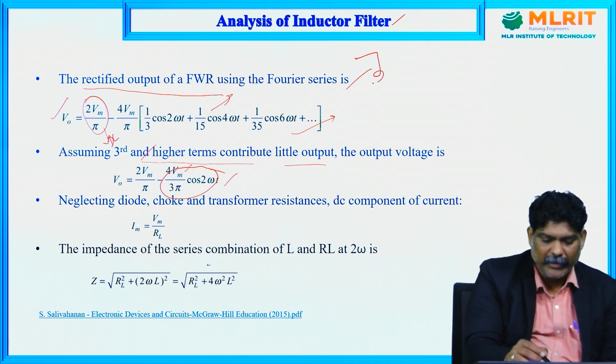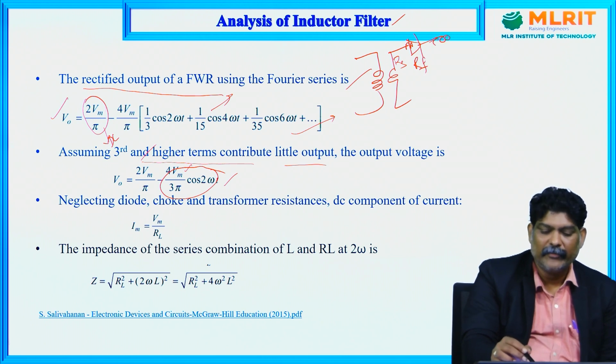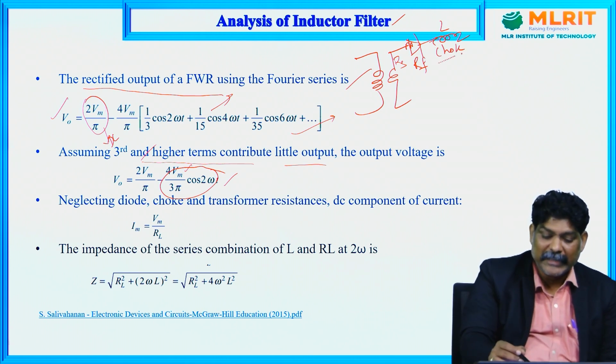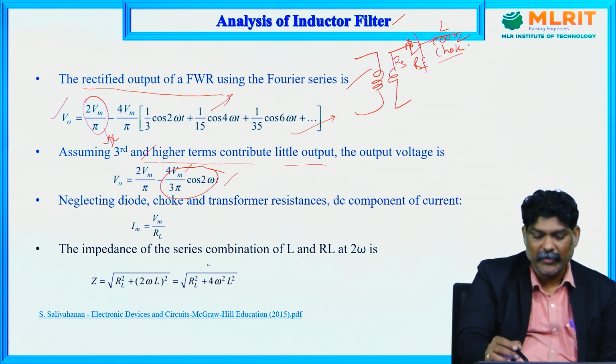In the rectifier circuit we have the secondary coil resistance, and we are using a diode, which has its own resistance. We are also using an inductor, which is sometimes called a choke, and it has its own resistance. So by neglecting these resistances, why?